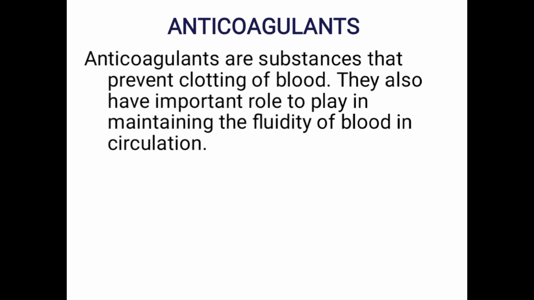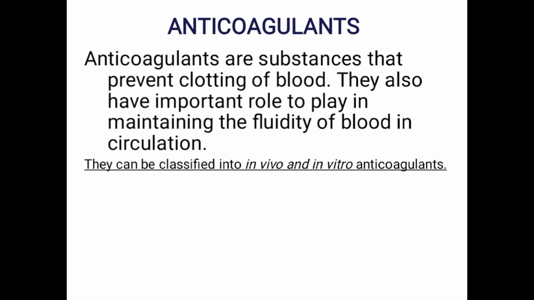Okay, so in circulation in our body, when the blood is circulated, the clotting will not take place because of the presence of these anticoagulants in the blood. Okay, so it will maintain the fluidity. This can be classified into in vivo and in vitro anticoagulants.